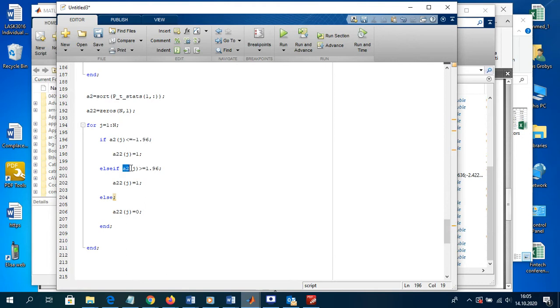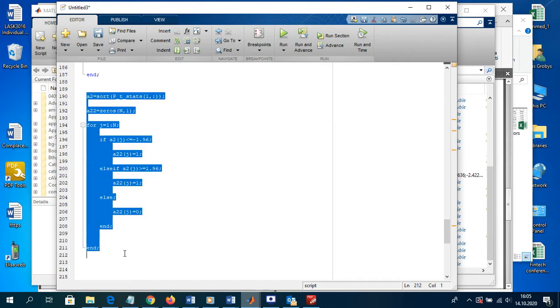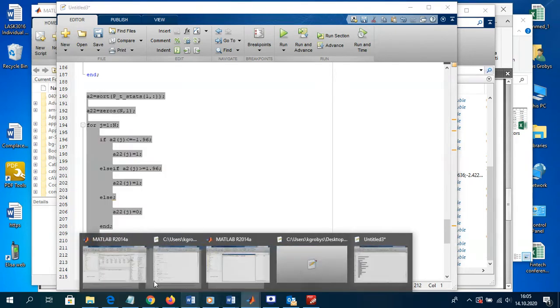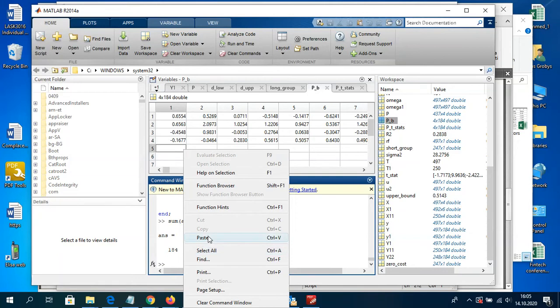The second condition is correct, it should be larger than 1.96. So let's copy this code again. Sometimes it can go wrong.